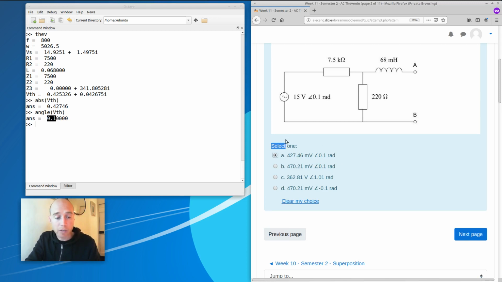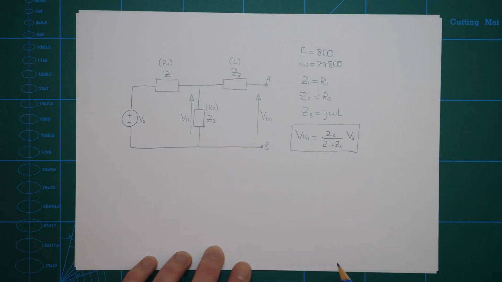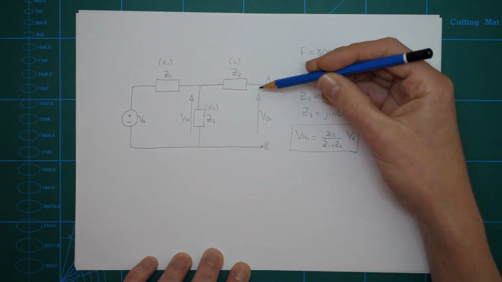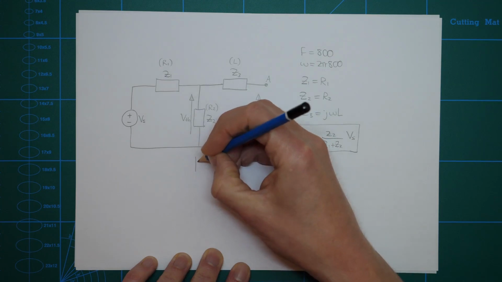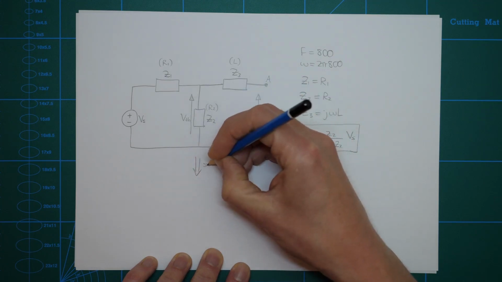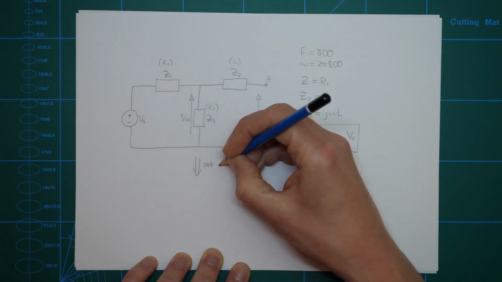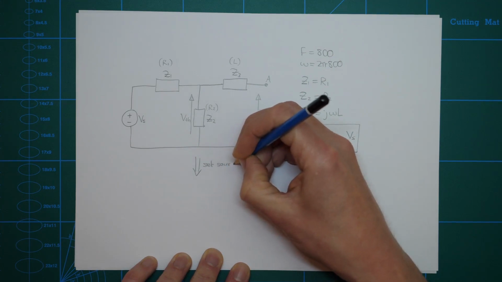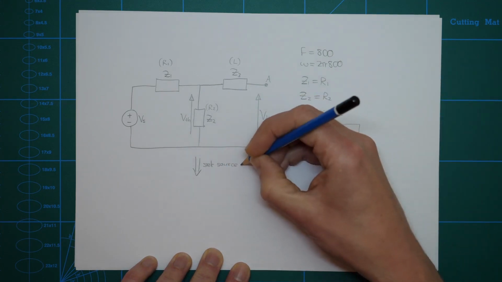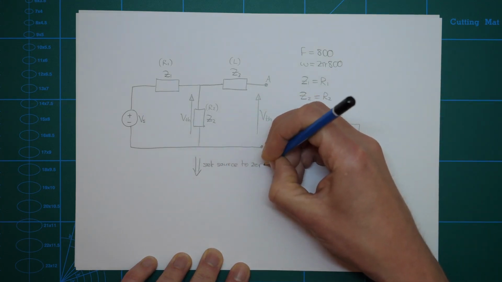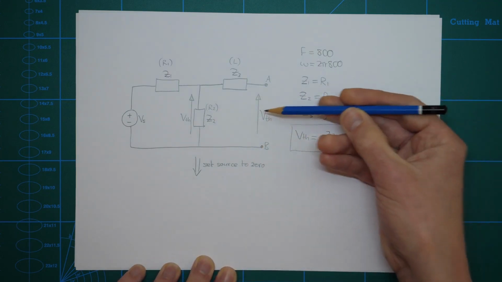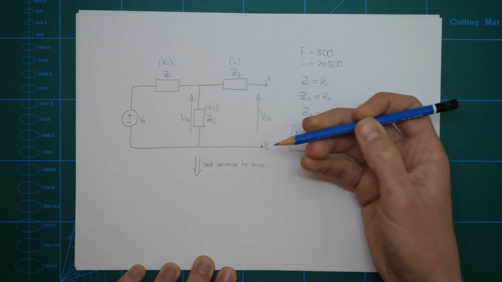Now, we're not asked for it here, but I'm also going to calculate the Thevenin impedance just to show you how that would be done for this circuit. So back to the circuit here. If we were calculating our Thevenin impedance, we need to set the sources, which in this case is just one source, to 0. And then we're going to calculate the impedance looking into the circuit from AB.